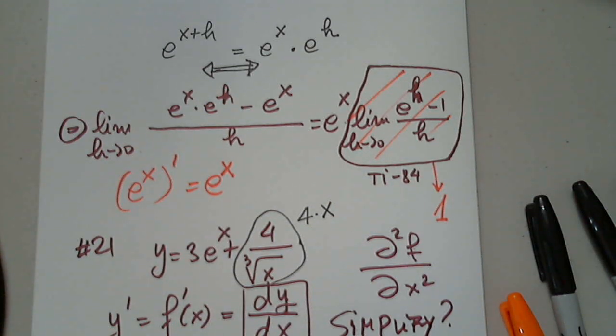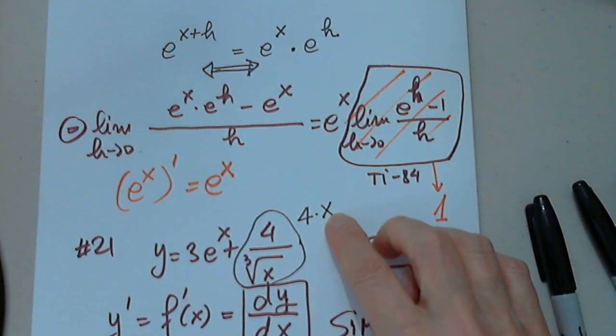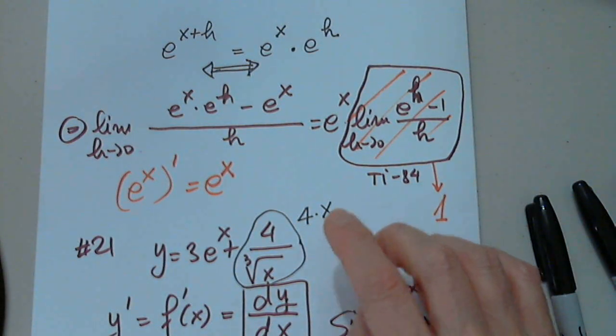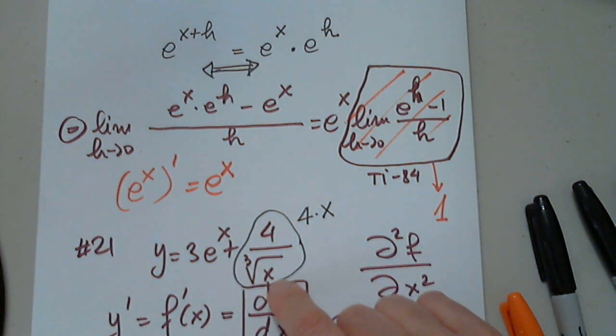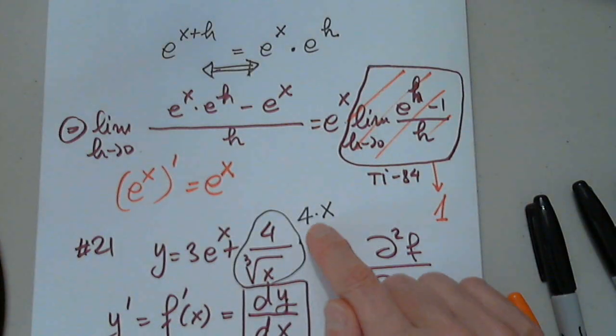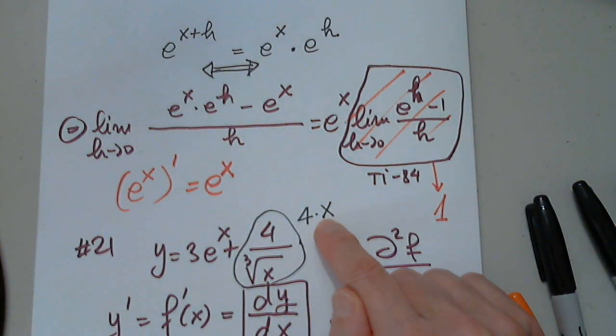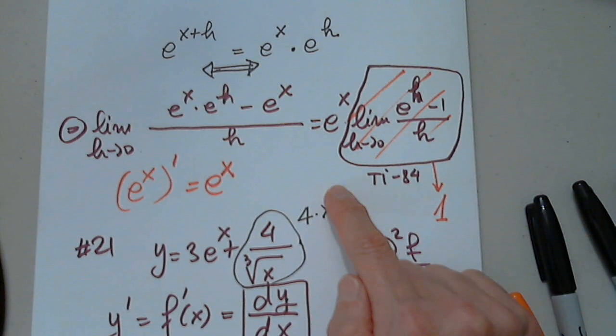Careful. X to which power? Just cube. Say it again. So notice that the cube root of x is in the denominator. And I want to write 4 times x to which power?